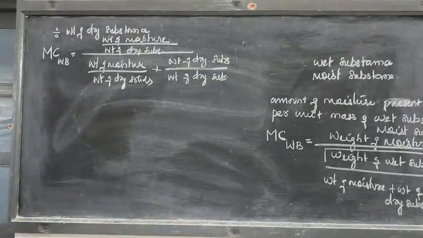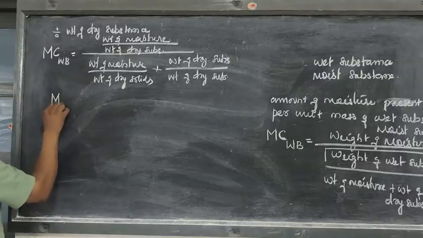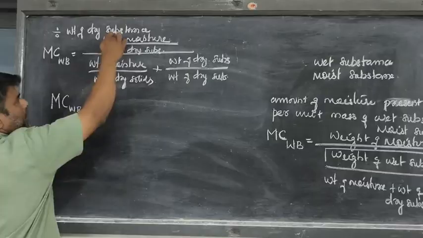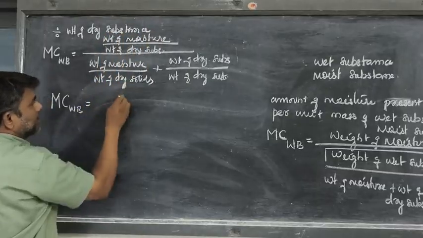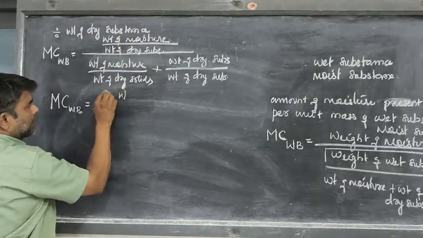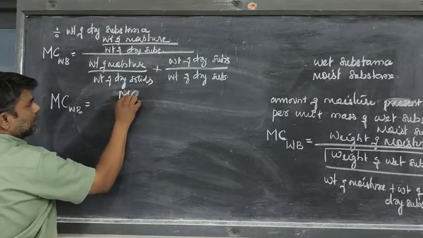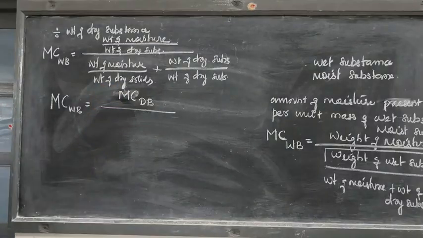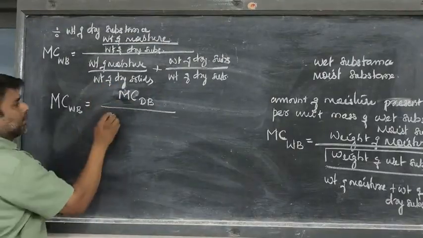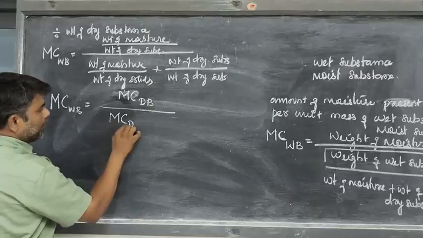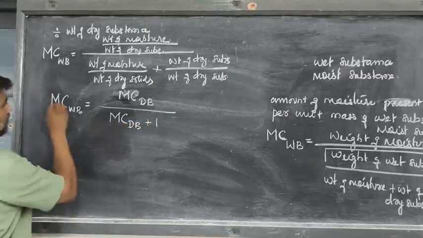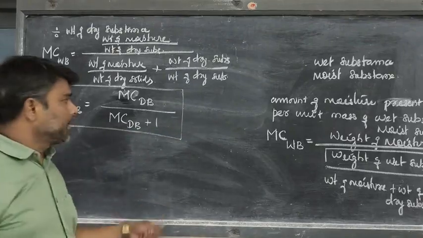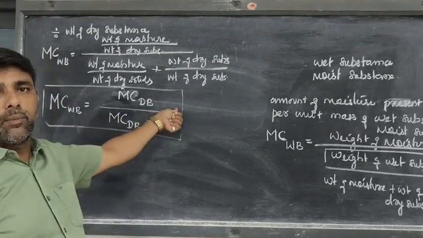So on simplification, moisture content on wet basis is equal to, this is kg moisture per kg dry solids, moisture content on dry basis divided by moisture content on dry basis plus 1. This is the relationship between moisture content on wet basis and moisture content on dry basis.